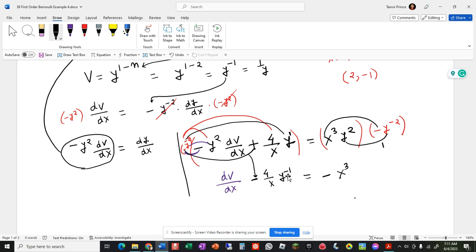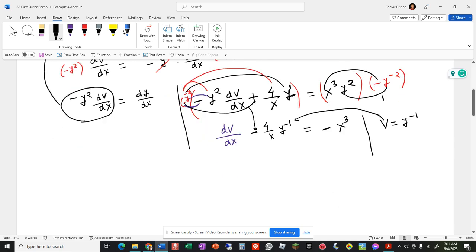But remember the substitution: y to the power negative 1 is actually v. The v is equal to y to the power negative 1. That's the last thing I have to do to make it linear. So in place of y to the power negative 1, I substitute v. Let me rewrite what I have now.